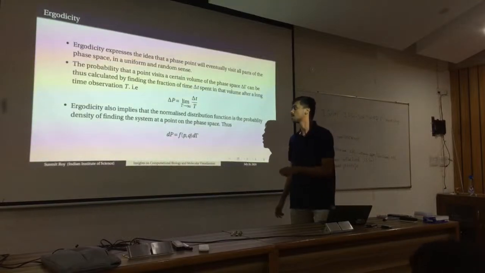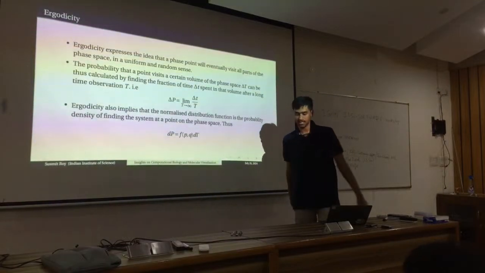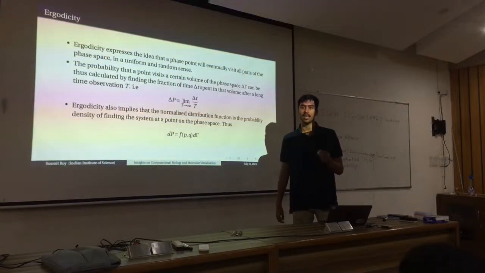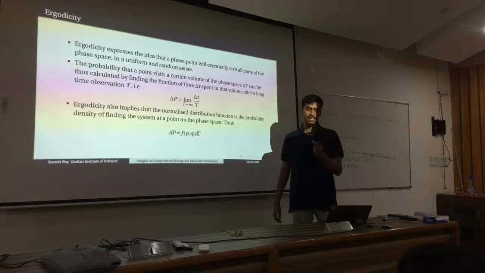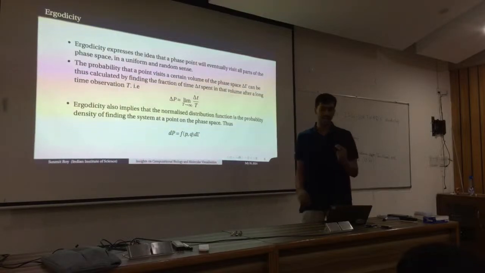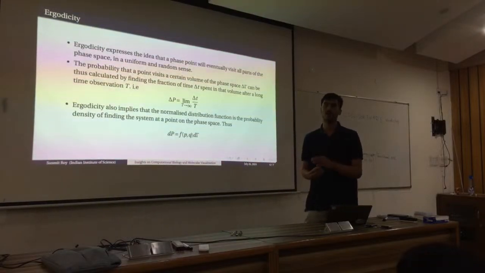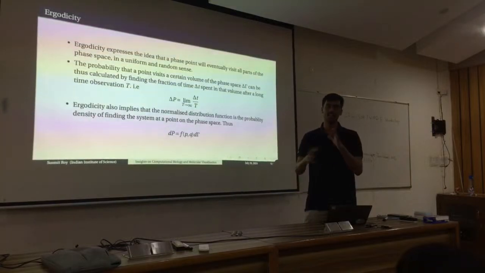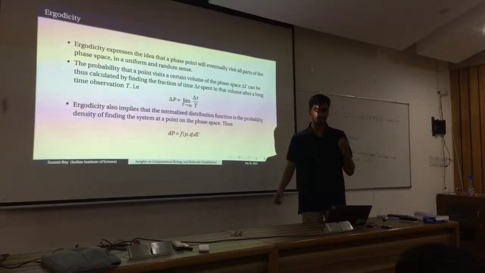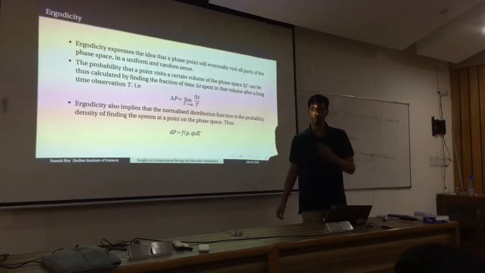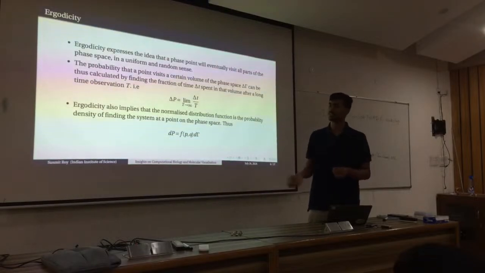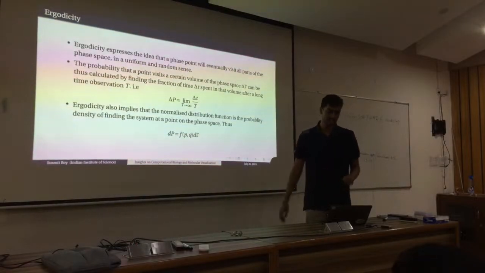I'll talk about ergodicity. Ergodicity expresses the fact that a system can access all the points in the phase space. So if all configurations in this phase space are accessible to a system in some amount of time, you call the system ergodic.